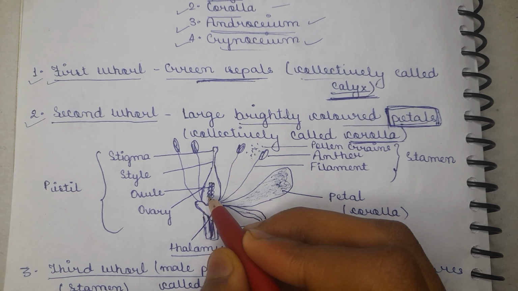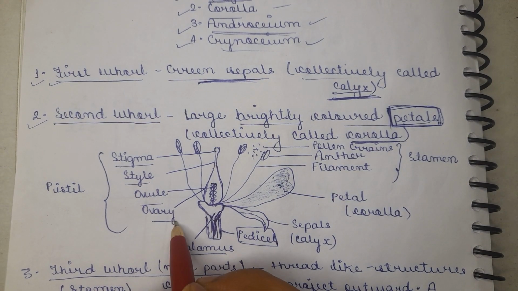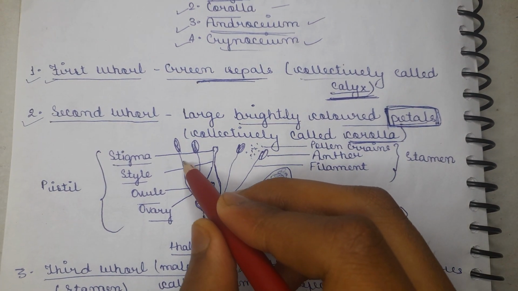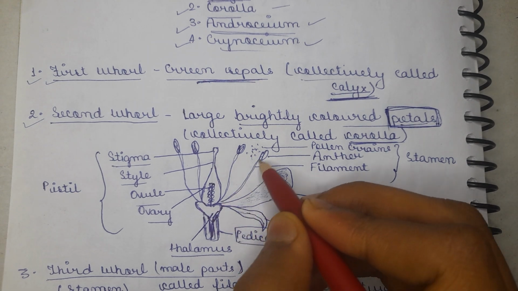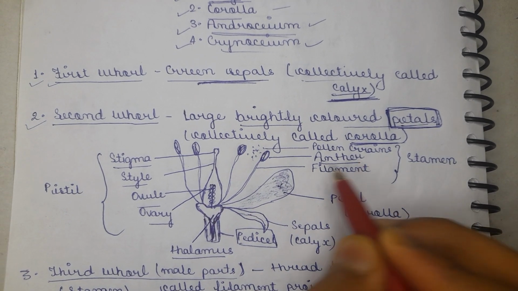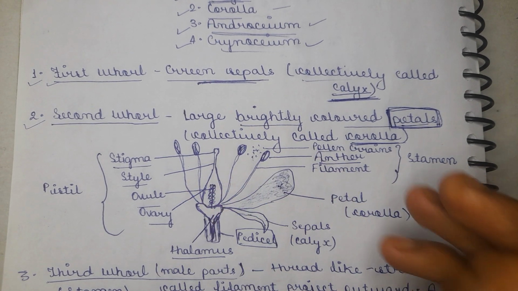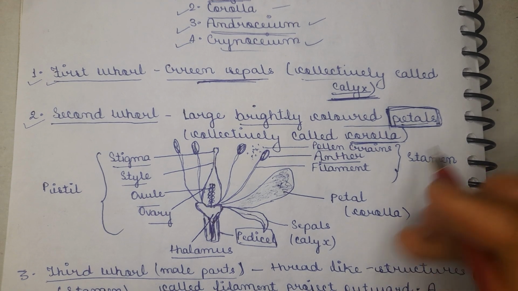This is basically the female part that consists of the stigma, style, ovule and ovary, and beside it there are some filaments. On the top is the anther. This anther consists of pollen grains that blow away from one flower to another for pollination.